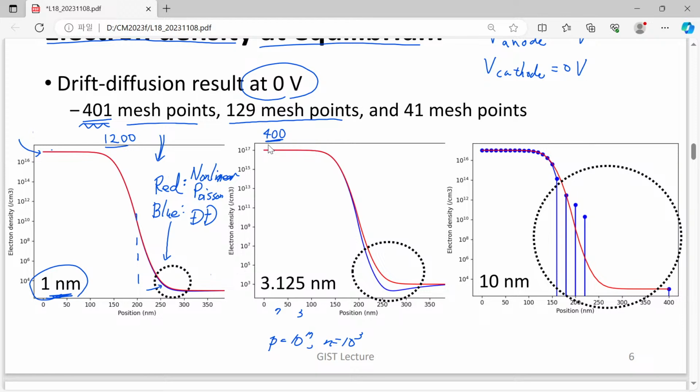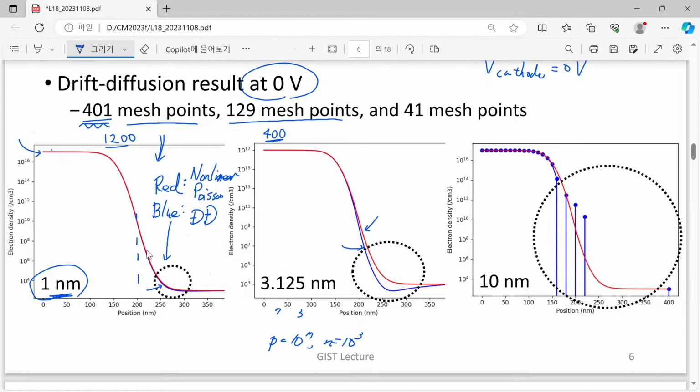Wow, it's good in terms of numerical efficiency. But please have a look at this red curve and blue curve. The red curve is identical when we compare the 1 nanometer spacing case and the 3 point something nanometer spacing case; they look quite similar because they come from the nonlinear Poisson equation.